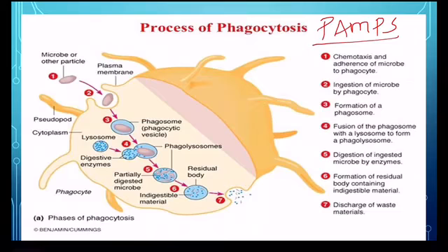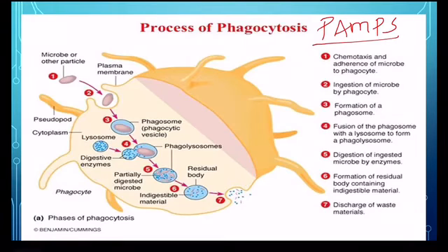PAMPs means pathogen associated molecular patterns. After coming out of the vessels, they recognize and bind to the microbes; they recognize a conserved motif that is present on the surface of the microbe, called pathogen associated molecular patterns.